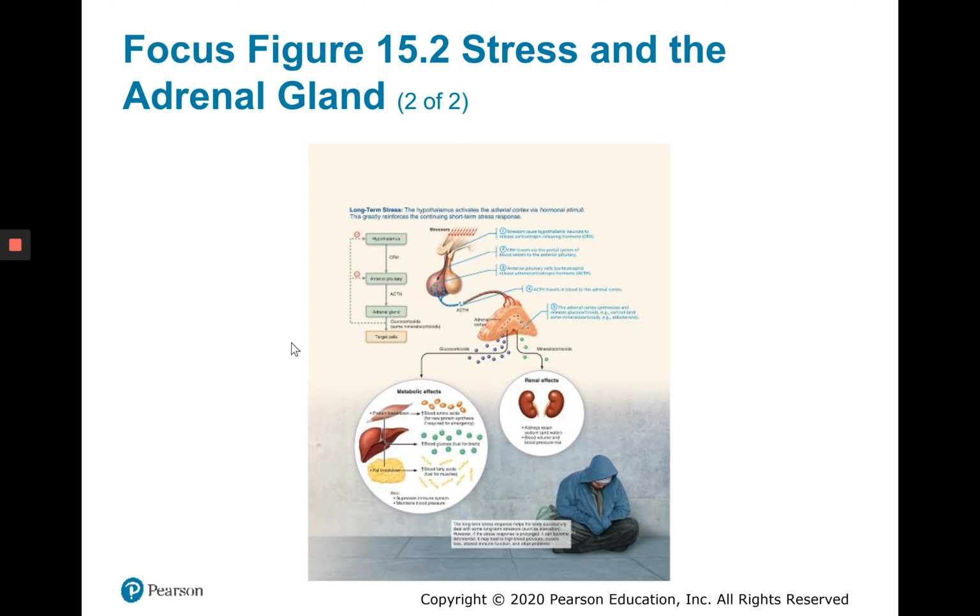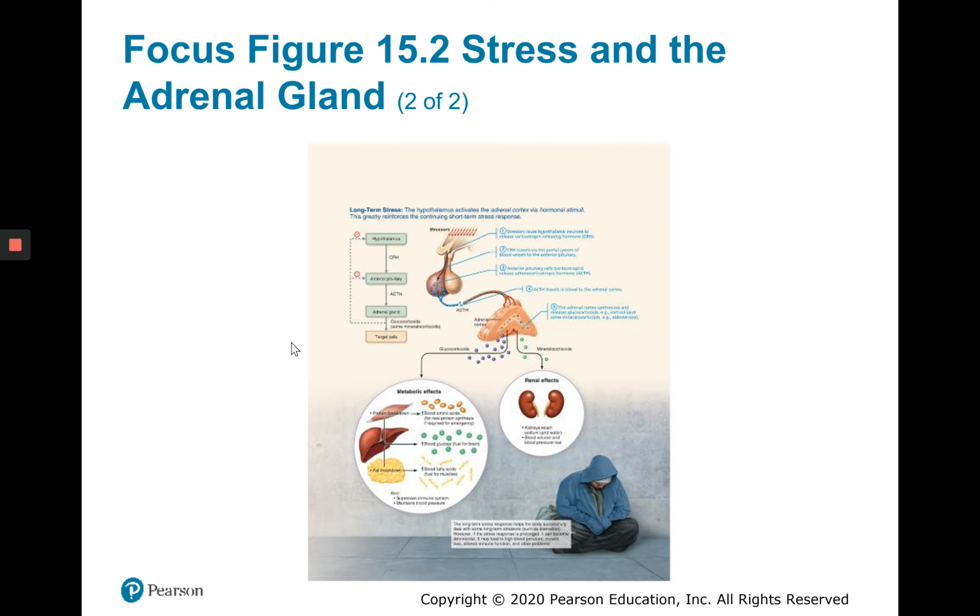Short term, it's great. We can mobilize all these nutrients. We can get cells all of the energy they need because they have the nutrients, they have oxygen, they can make ATP. But long term, it's going to increase stress in the form of hypertension, increased heart rate. And we're going to have kind of a redistribution of nutrients like fat and like protein.